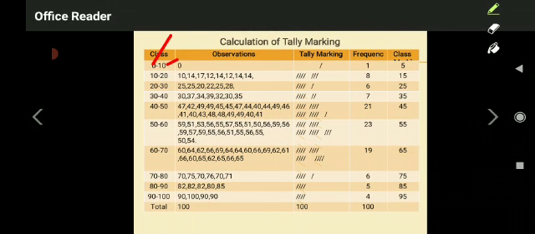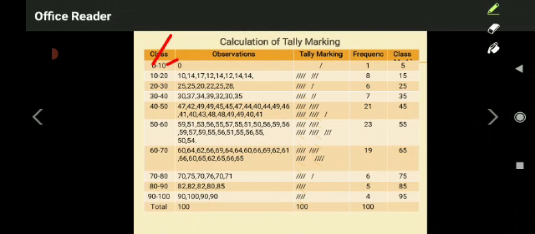This tally marking calculation is prepared on the basis of the exclusive method. Because of that, in the exclusive method, the upper limit of the class interval is not taken into account. It does not come under the calculation. So between 0 to 10 class limit, only one observation is there, that is 0.